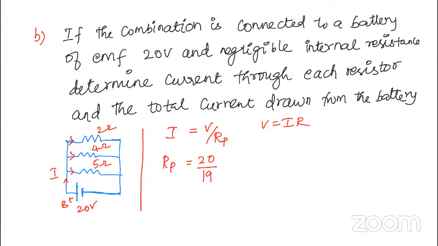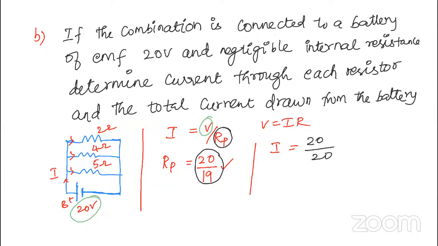So I is equal to V, here it is 20, divided by Rp, that is 20 by 19.